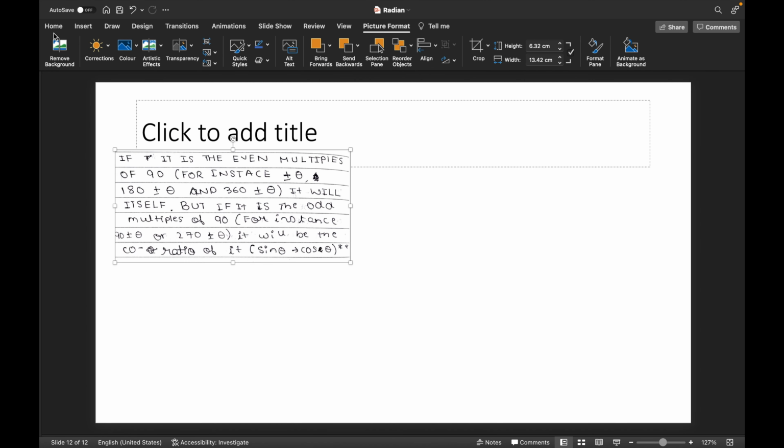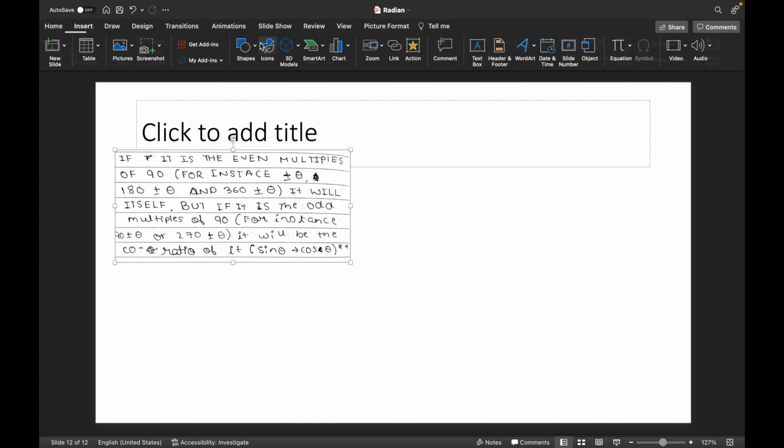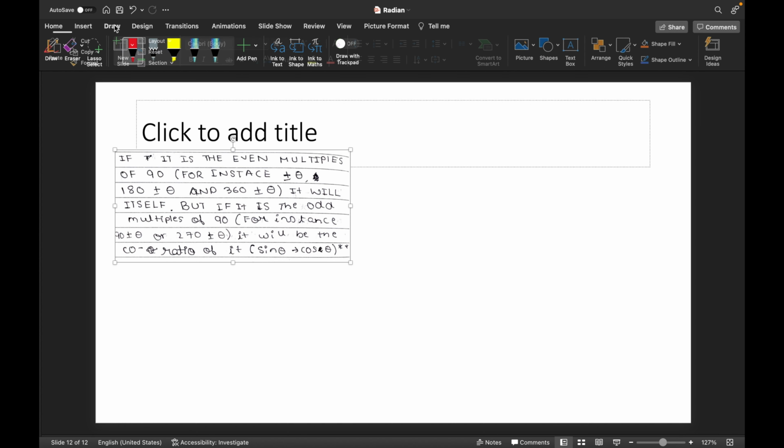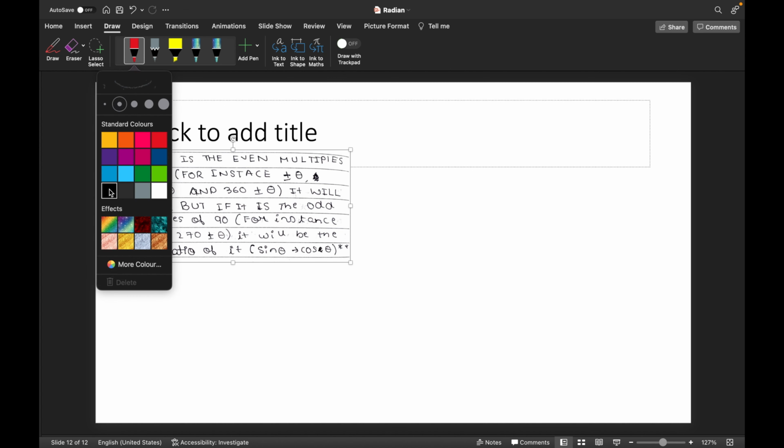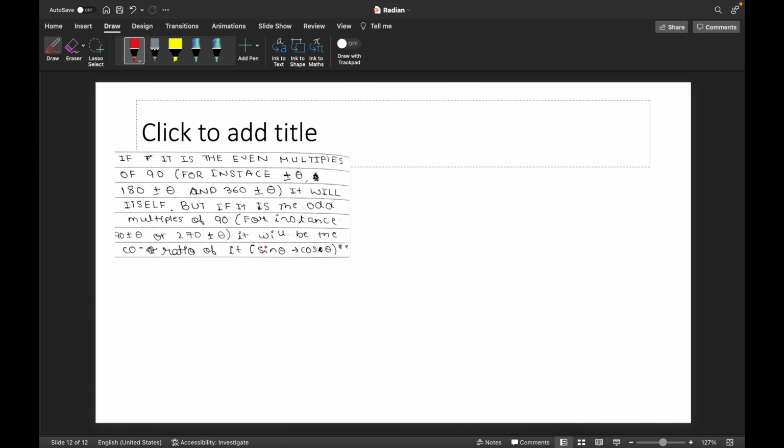Okay, so if we want to simplify cos 270 plus 30, 270 is an odd multiple, right, of 90. So it will be the co-ratio, which is sine.